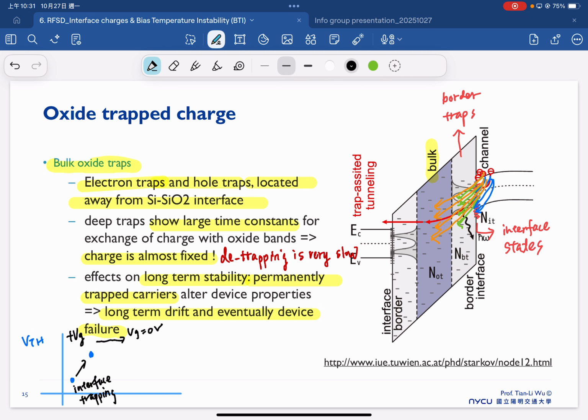So with time passing by, we can expect a gradual recovery of our threshold voltage. This is a typical recovery phenomenon, and the recovery is due to the detrapping.